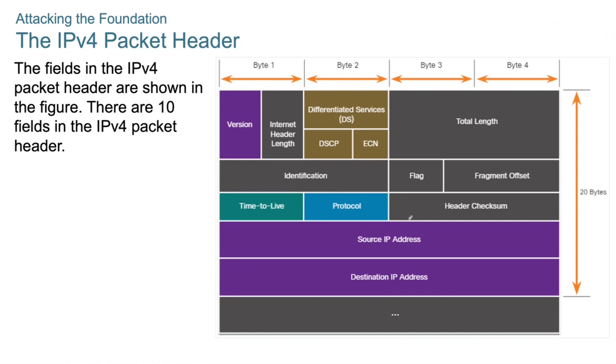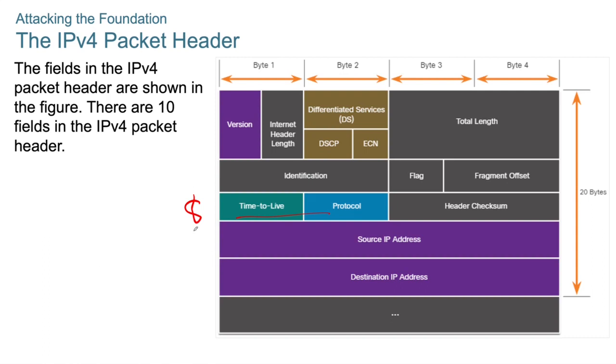Then you will have the time to live field. It contains an 8-bit binary value that is used to limit the lifetime of your packet. Suppose the time to live is set to 8. As you know, the packets travel through the internet from source to destination in a hop by hop manner.